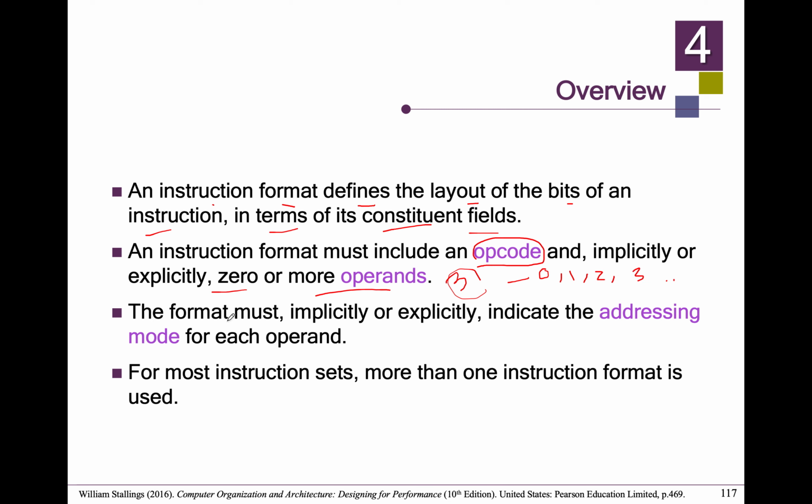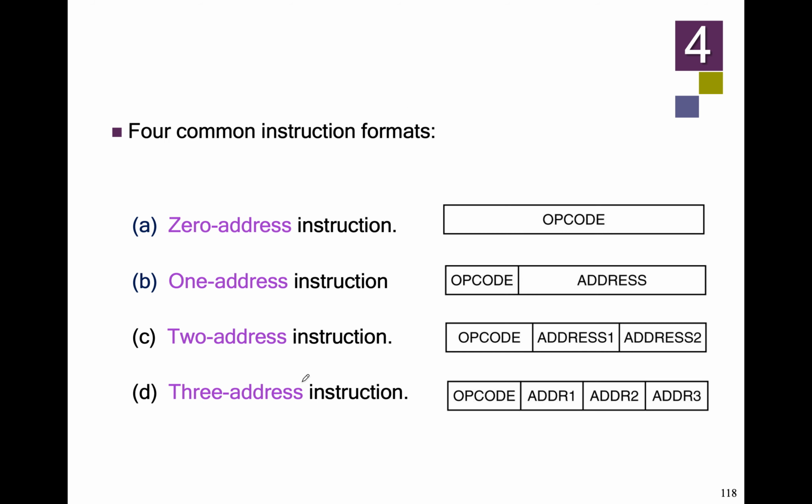Next, the format must implicitly or explicitly indicate the addressing mode for each operand. For most instruction sets, more than one instruction format is used. So over here we have 4 basic common instruction formats.